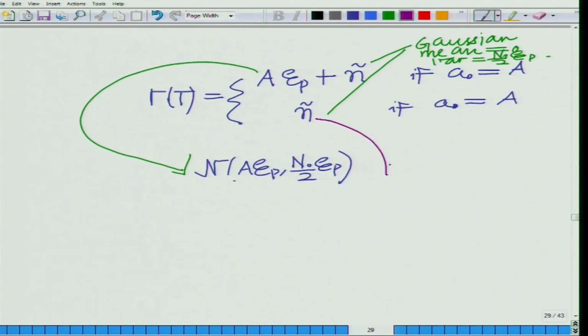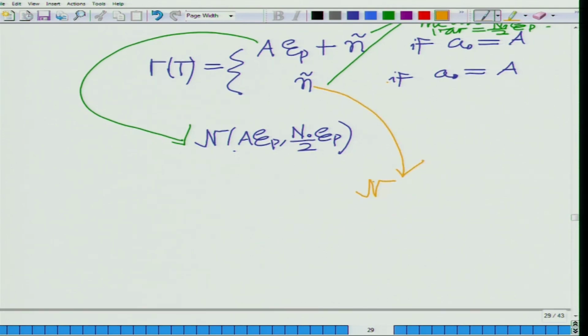And in this case where you have A naught equals 0, it is simply Gaussian with mean equals 0 and variance equals N naught by 2 times Ep.